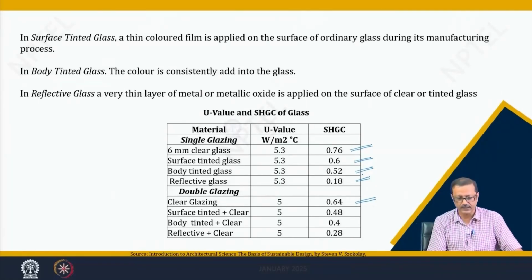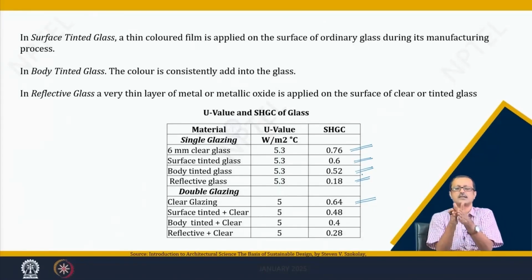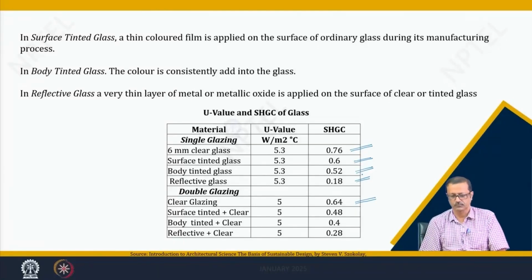So, here in the double glazing there is surface tinted plus clear. So, one is body tinted and one is clear, and one is reflective glass and one is clear. So, like that, I have taken those values from this particular source.